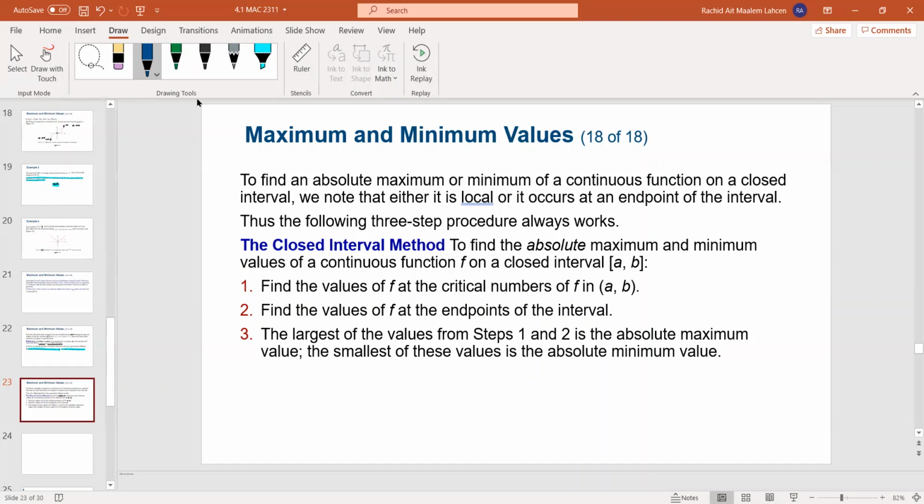So the closed interval method, which we'll use in some exercises, finds the absolute maximum and minimum values of a continuous function on some closed interval [a, b]. So closed interval, continuous, right?